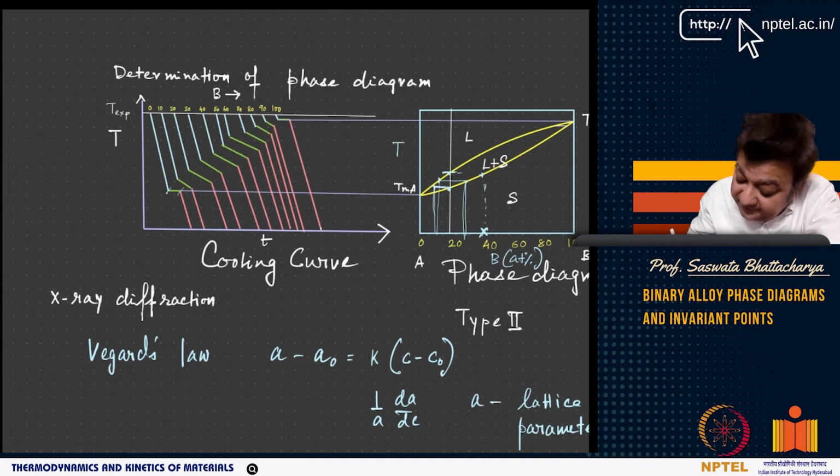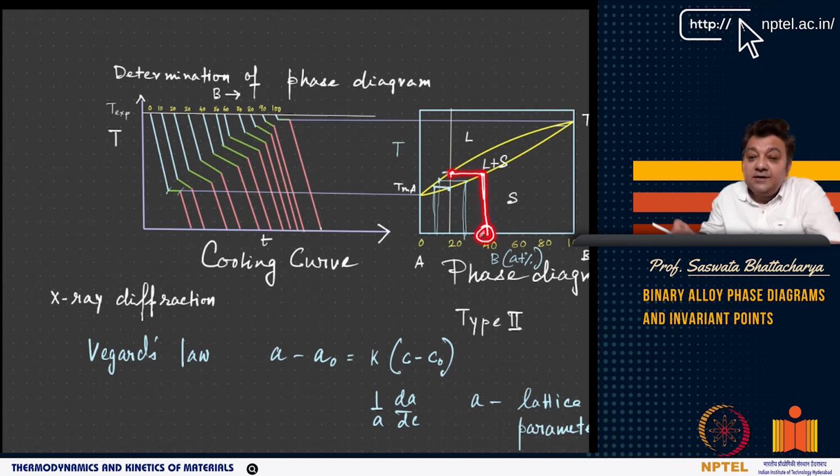So you go there, for example, this liquid is cooling down, cooling down. Now this is your solidus line, right? And as soon as you hit the liquidus, you start seeing a solid of composition given by this point, which you start nucleating, right?